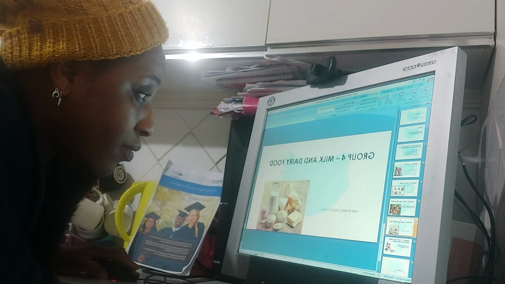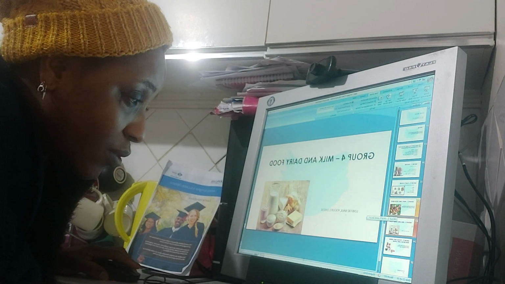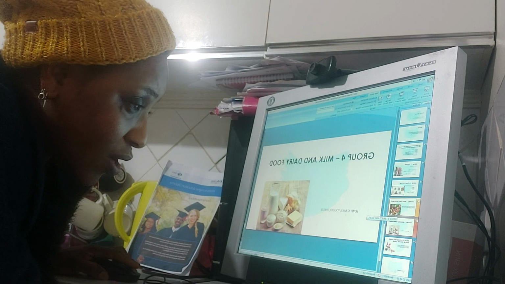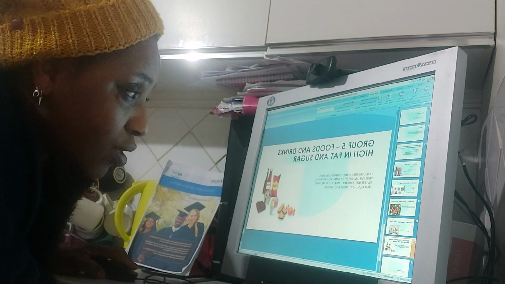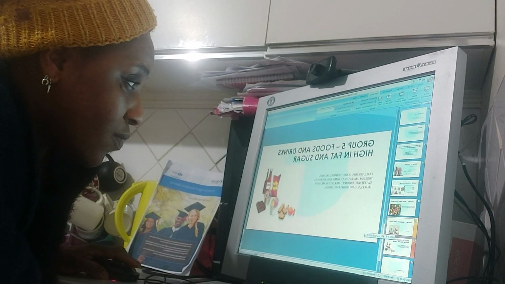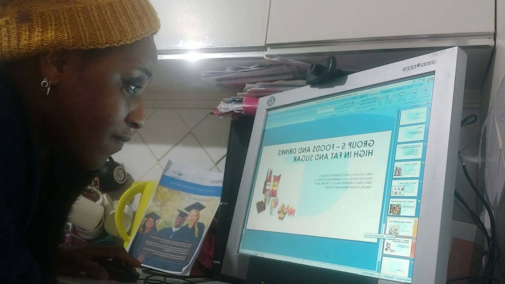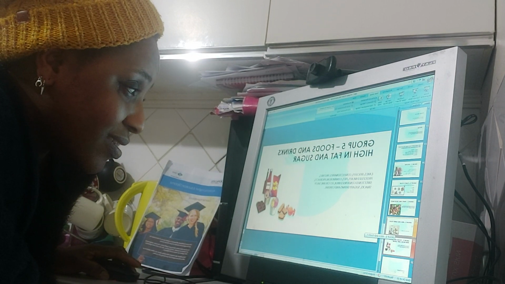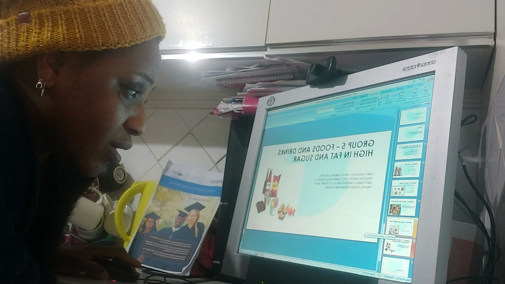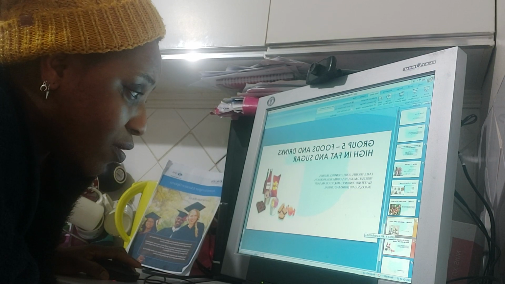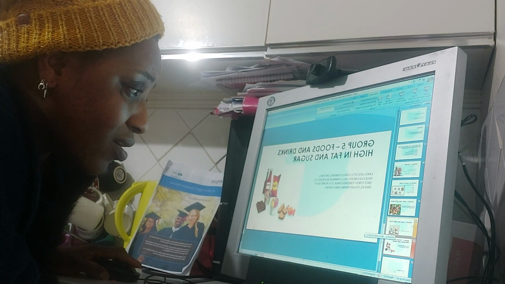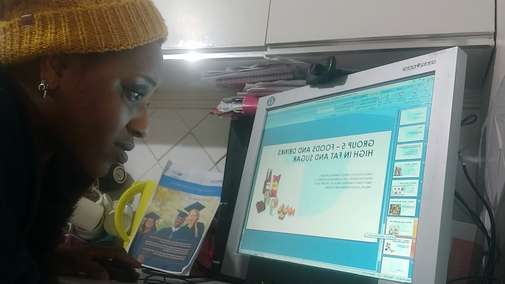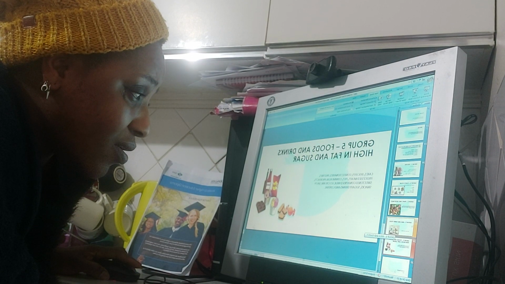Group 4, milk and dairy food: low-fat milk, yogurt, cheese. Group 5, foods and drinks high in fat and sugar: cake, biscuits, conventional pastry, processed meat, pie, commercial products, sweeteners, condensed milk, ice cream, salt, snacks, sugary drinks, and cordial.